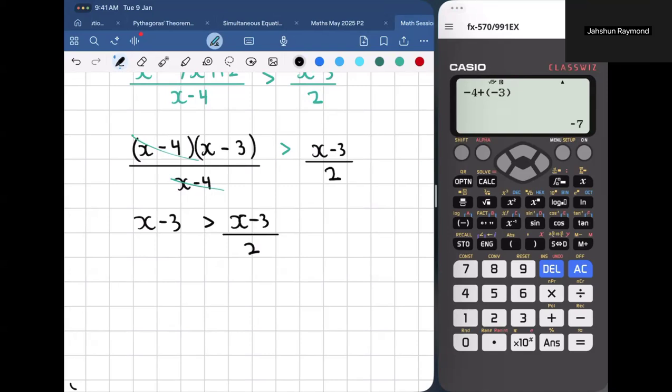Multiply, sir. So if I multiply both sides by 2, what happens to this 2 over here? It will cancel out. Watch, it will cancel itself off. So tell me, on the left-hand side, we're multiplying everything by 2. What is 2 by x? 2x. What is 2 by minus 3?